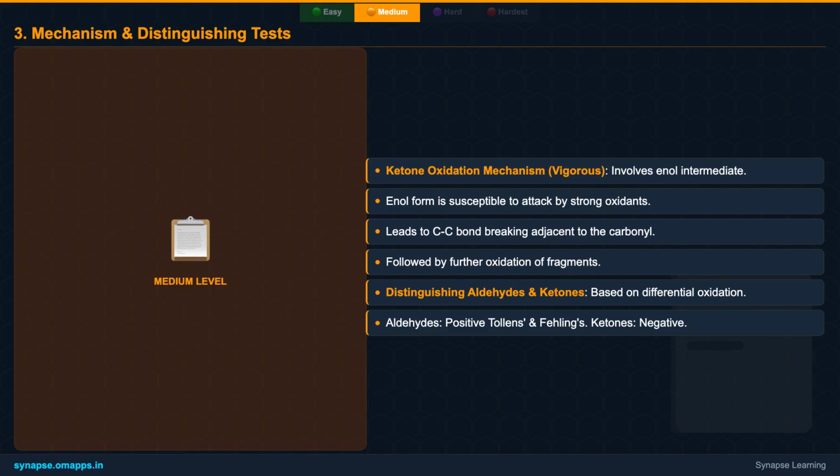The subsequent steps involve the breaking of the C-C bond adjacent to the carbonyl, followed by further oxidation of the resulting fragments. This mechanistic understanding helps explain why such harsh conditions are required and why C-C bond cleavage occurs. Remember, this difference in oxidation behavior is a cornerstone for differentiating aldehydes and ketones in organic chemistry.